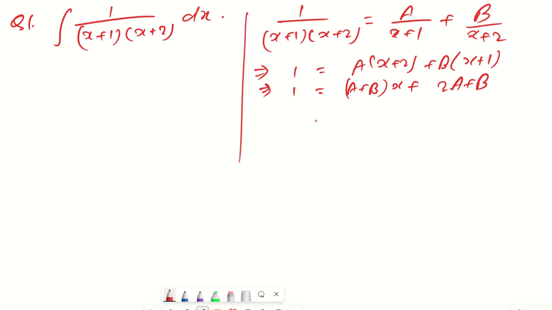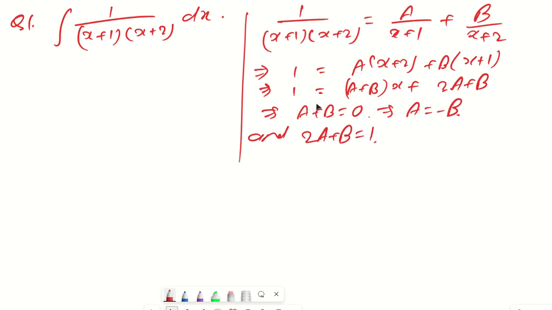So we have A plus B is equal to 0, so A will be equal to minus B, and one more equation: 2A plus B is equal to 1.